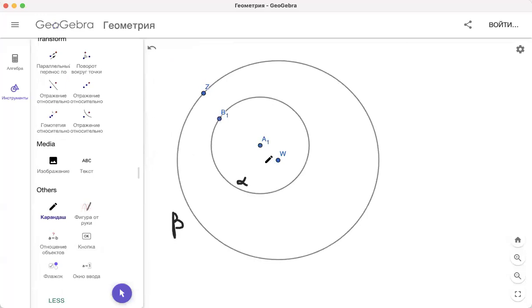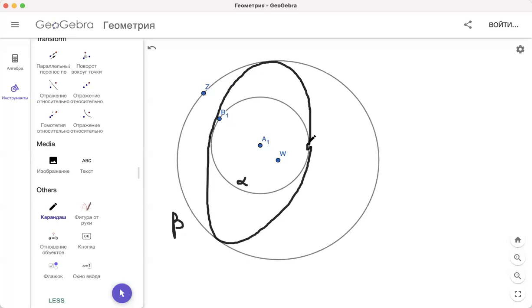And then I will consider ellipses which are doubly tangent to both these circles at real points.